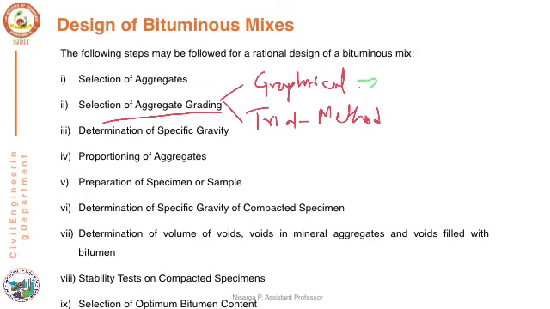Under module 1, we have already discussed how aggregate gradation is done using the rectangular chart method and the triangular chart method. In this module, we'll discuss how the aggregate blending will be done using Rothfuchs method of aggregate gradation.